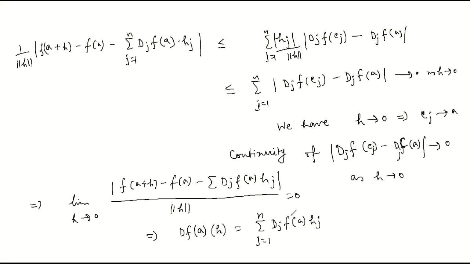Okay, so f is differentiable at a and its derivative is given by this equation. So this completes the proof of theorem 2.